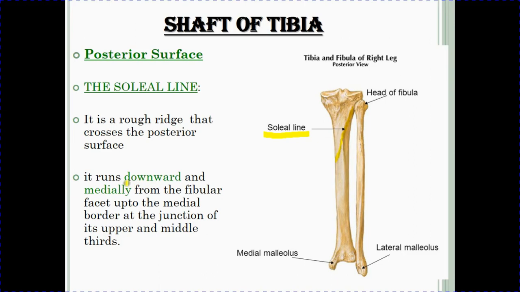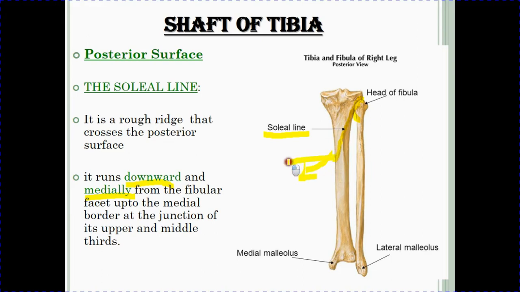The soleal line runs downward and medially. Look at the direction of the soleal line. It is running downward and medially from the fibular facet. This is the fibular facet. It is running downward from the fibular facet up to the medial border of the tibia at the junction of its upper and middle thirds.